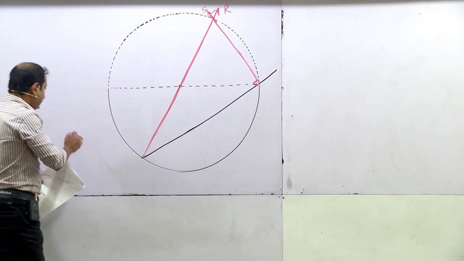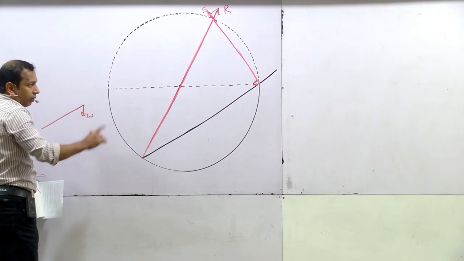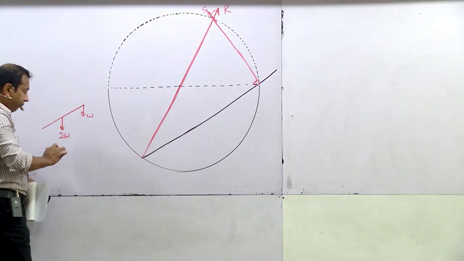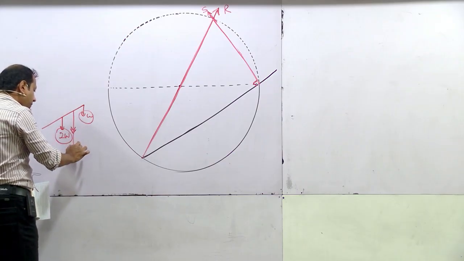Then the result of that W at B and the weight 2W of the rod will have the resultant weight 3W.